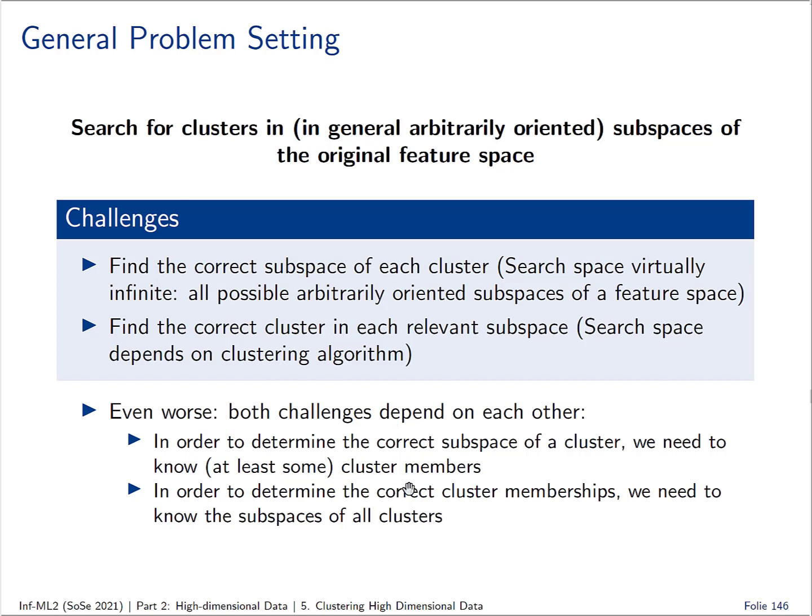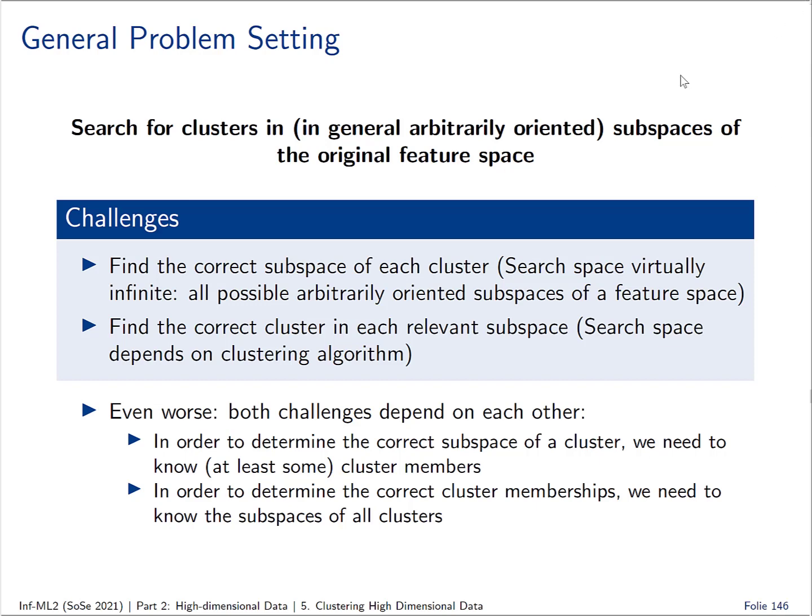So we have a kind of vicious circle between these two challenges. The challenges depend on each other, so we can only solve one if we know the solution to the other one, and vice versa. That makes it quite hard to get a handle on. So we have to break this vicious circle somehow, and we will see in some of the methods how we do that.